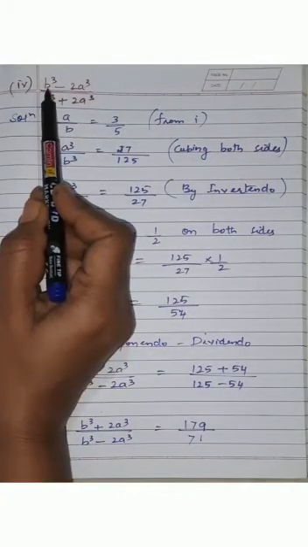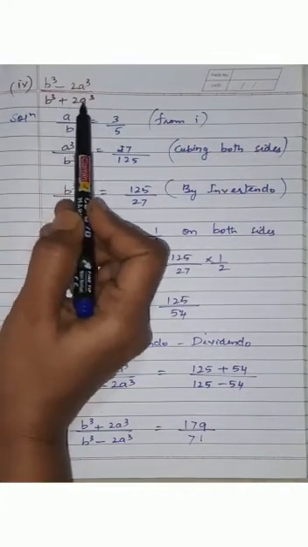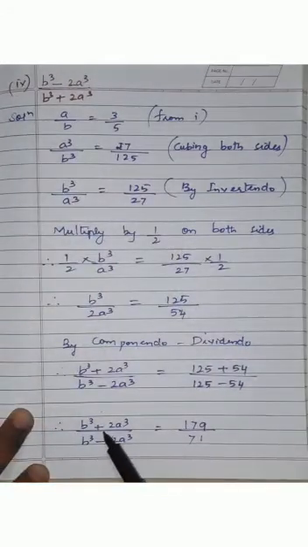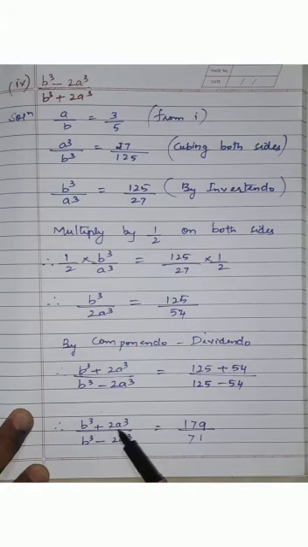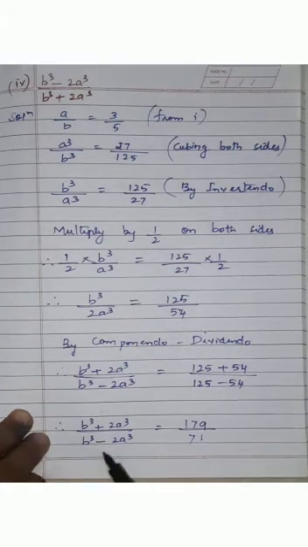But in the question, what is asked? They have asked b cube minus 2a cube upon b cube plus 2a cube. But by this property, componendo and dividendo, we got b cube plus 2a cube upon b cube minus 2a cube.